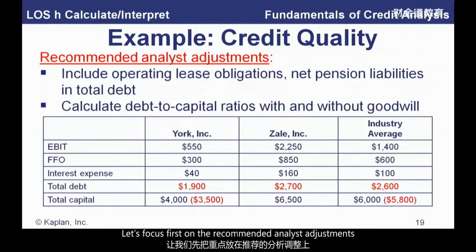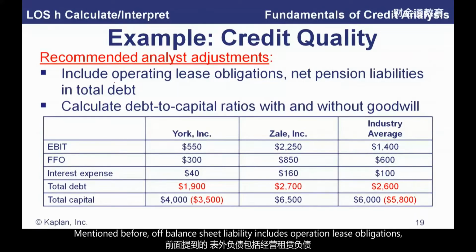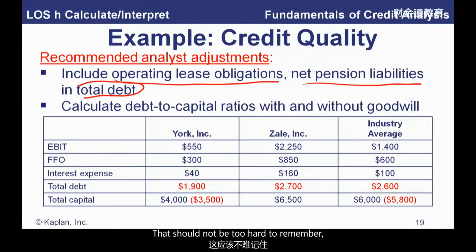So let's focus first on these recommended analyst adjustments. We mentioned before, off-balance sheet liabilities include operating lease obligations and net pension liabilities in total debt. That shouldn't be too hard to remember. Those are both liabilities. They both have to be paid.